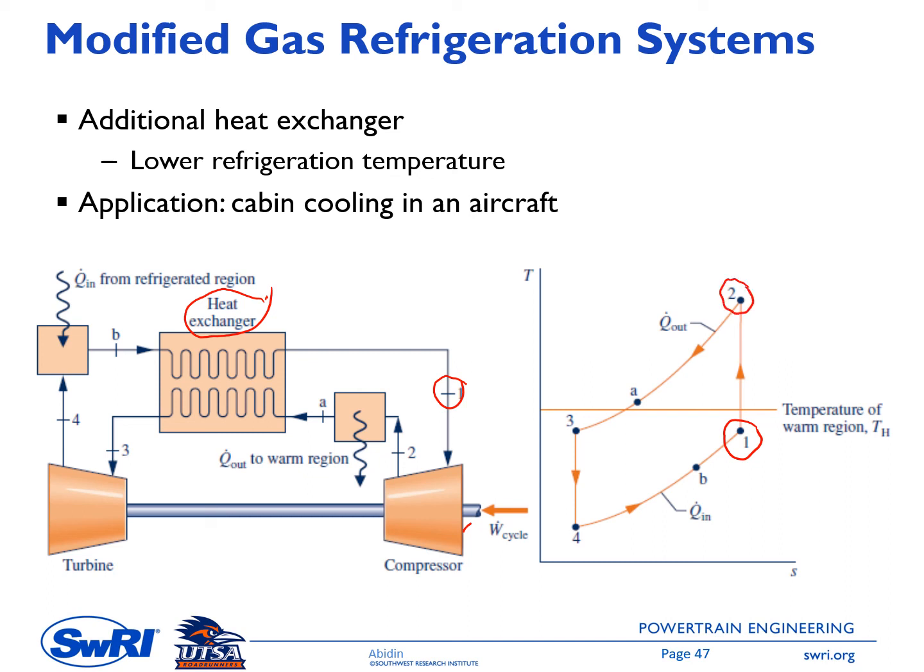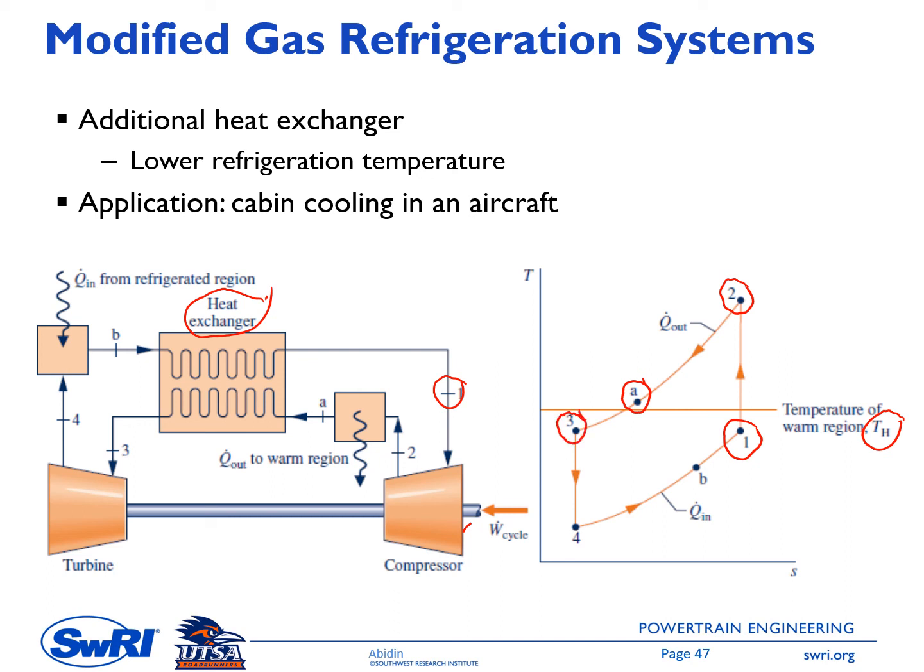Okay, and then there will be heat removal from the working fluid to the warm region that brings state 2 to state A. And the temperature at state A is higher than the temperature of the warm region. By adding this heat exchanger, we can further cool state A to state number 3.